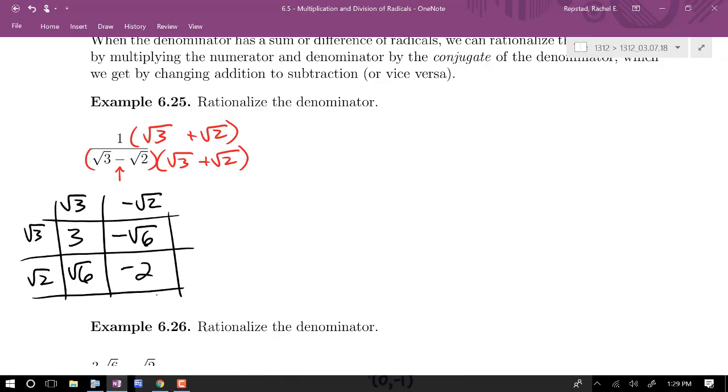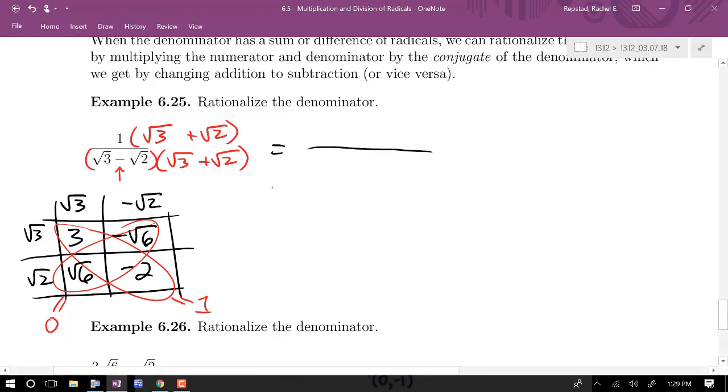Just like we saw before when we were doing our FOILing, I have like terms on both diagonals. What happens on this diagonal with the radicals, though, is these guys cancel. That's equal to 0. And that will always be the case. Those terms with the radicals will cancel. That's why we choose the conjugate to multiply by. And then going the other way, we have 3 minus 2, so that's just equal to 1.